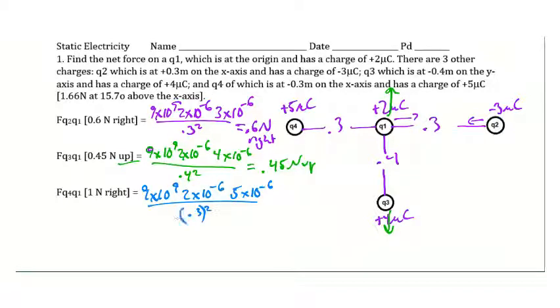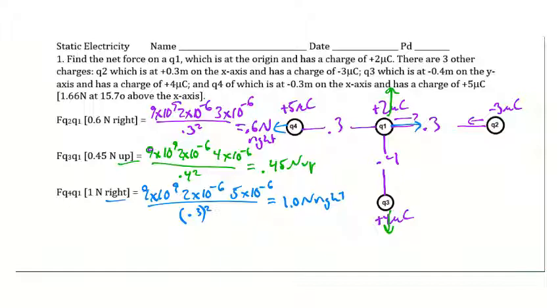So go ahead and plug that into your calculator. And right away we have a positive and a positive, so you know that they are going to be repelling. So it will push Q4 to the left, Q1 to the right. We're finding the net force on Q1, so that right is correct. So go ahead and type that into our calculator. And I get exactly 1 Newton right.